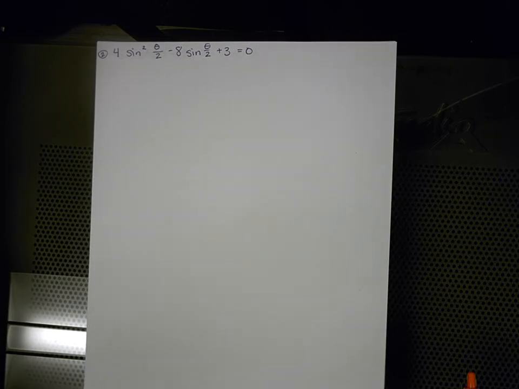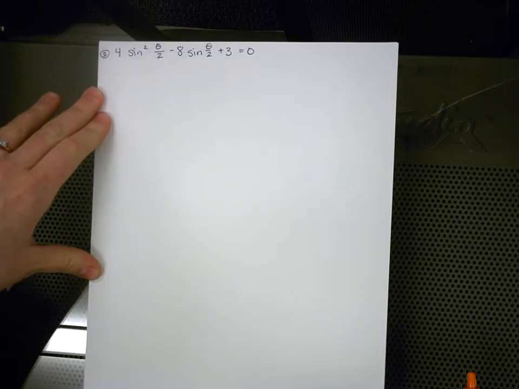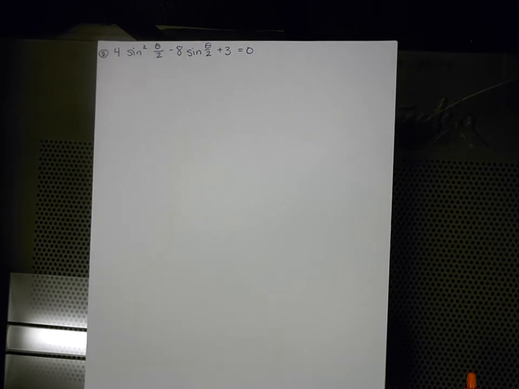So we're going to go ahead and substitute for sine, because sometimes this can get a little chaotic if we're not substituting a variable in, so that we can just see what it would look like to factor all this.